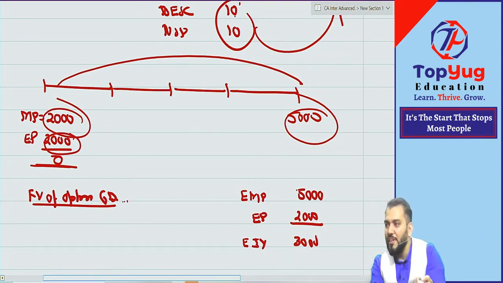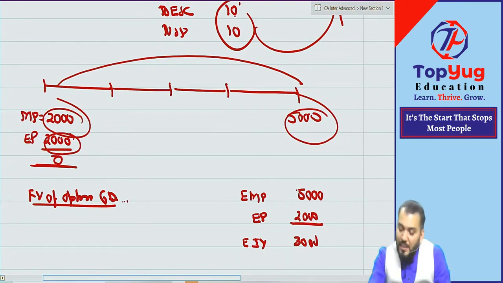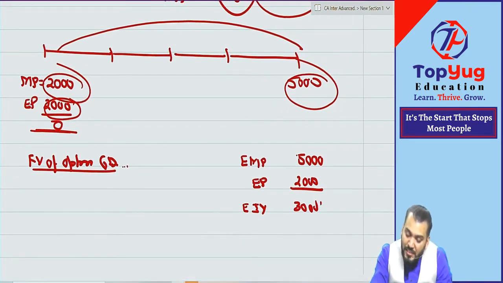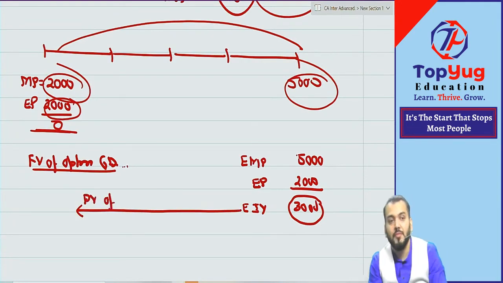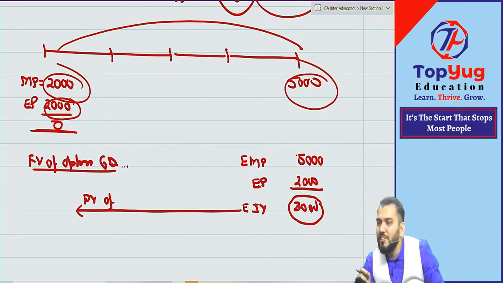Compounding reverse is discounting. Correct. Means as per time value of money, this 3,000 we can find out the value as on this day. This is known as present value of future value. We'll leave it right now. Means if you know future value, you can calculate current value by using the concept of time value of money.